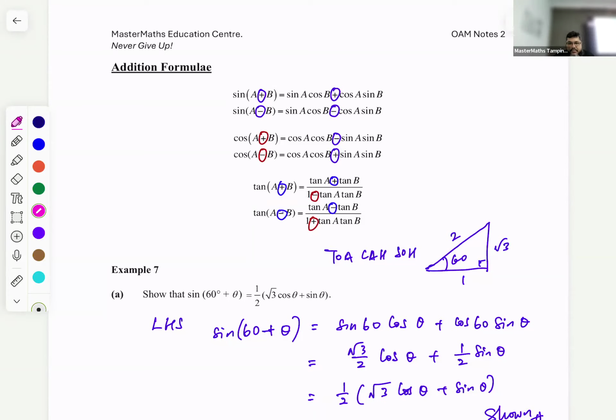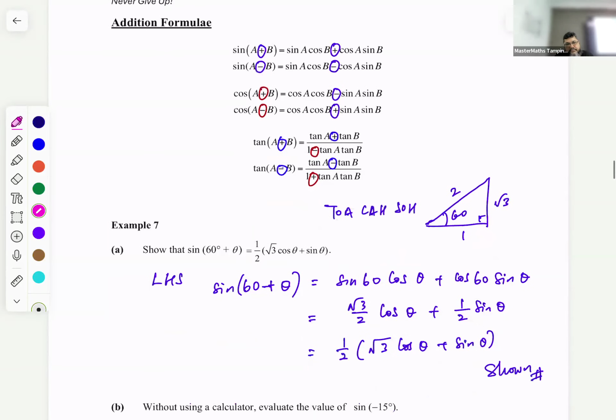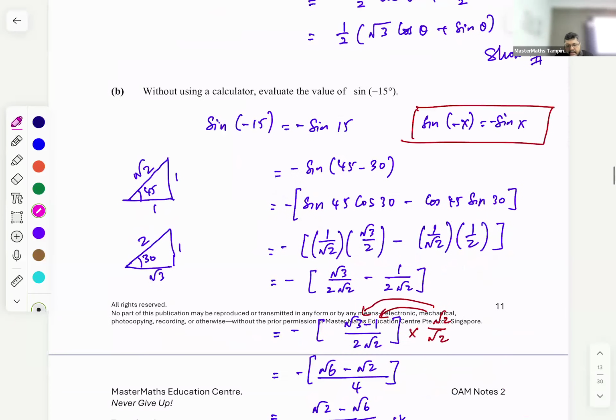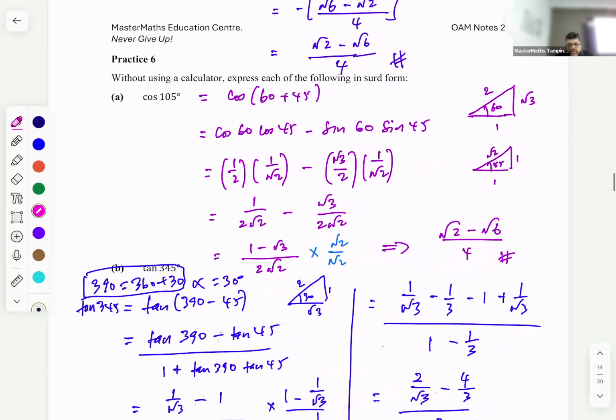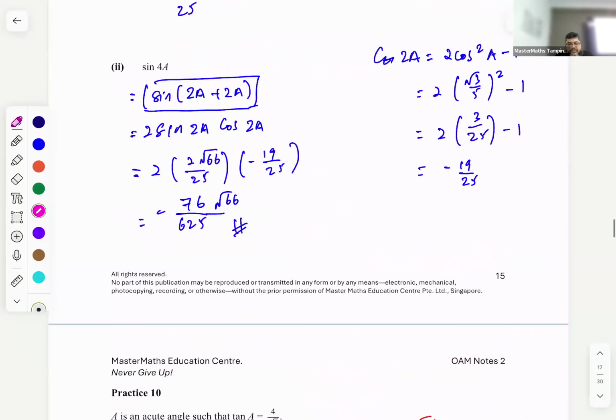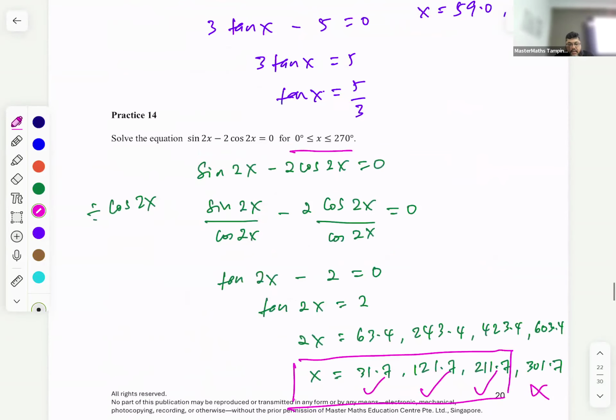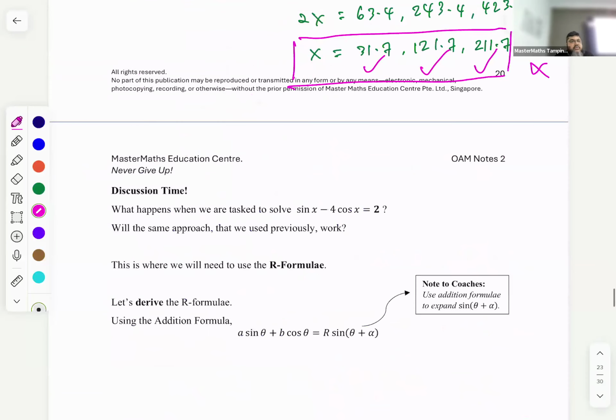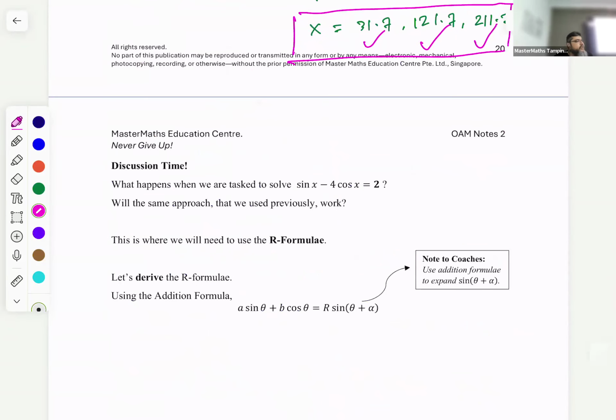We will be using it as part of the R formula. These are the things. I'm not going to go into it today. We have 2 minutes left only. So please understand, I will teach you the R formula.